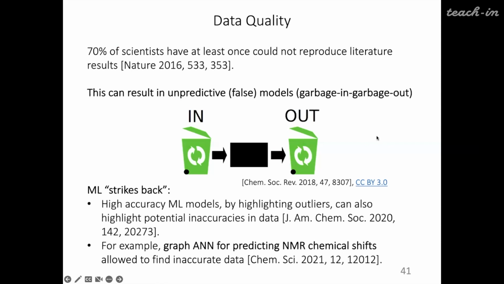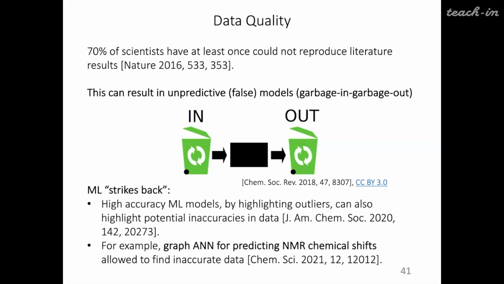And of course, this leads to the so-called garbage in, garbage out case. Basically, if we have bad data, quote unquote bad data, then we can get a model that makes false predictions.